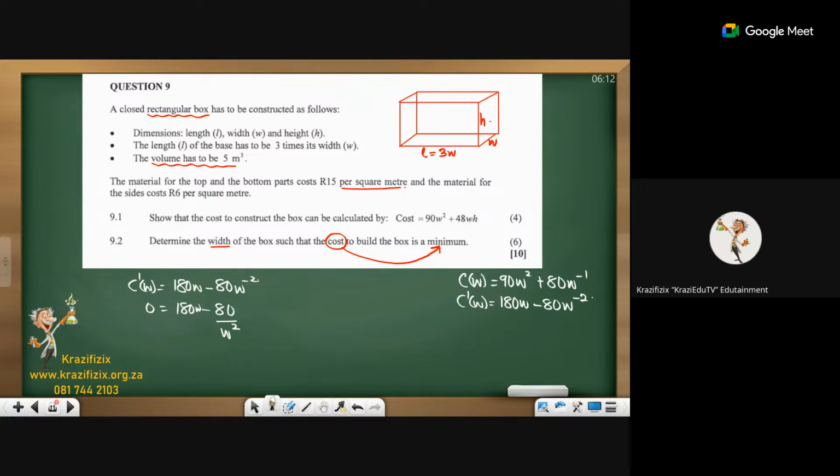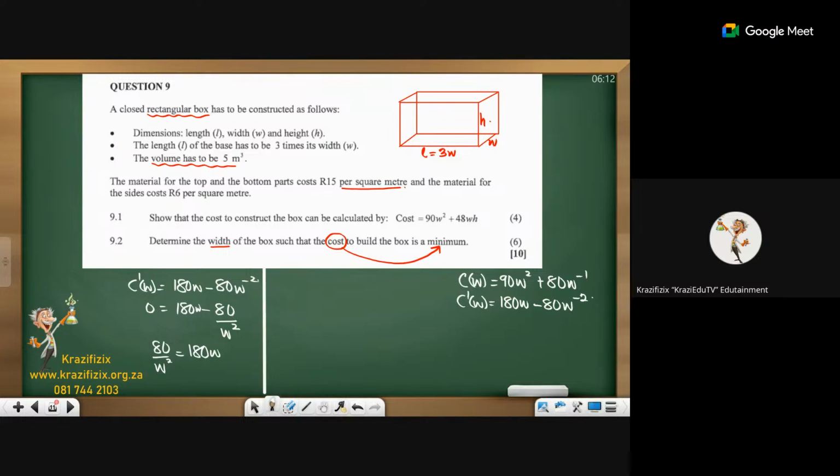Now, how do you solve this, my dear learners? I would say get rid of the denominator, or if you like, you can cross multiply. A lot of you like that. 80 over W squared equals 180W. I brought that over to the other side.